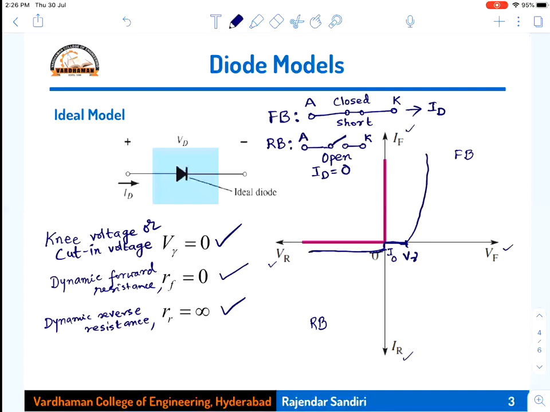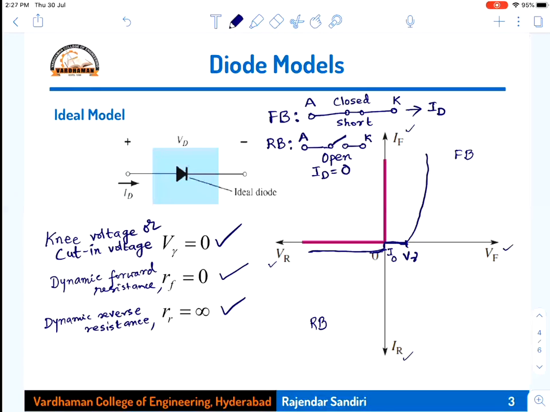Now this blue color line which I have drawn in both the first quadrant and third quadrant corresponds to the practical diode. If you convert that into an ideal diode, you have to apply these three conditions. The three conditions are V gamma is equal to 0, RF is equal to 0, and RR is equal to infinity.